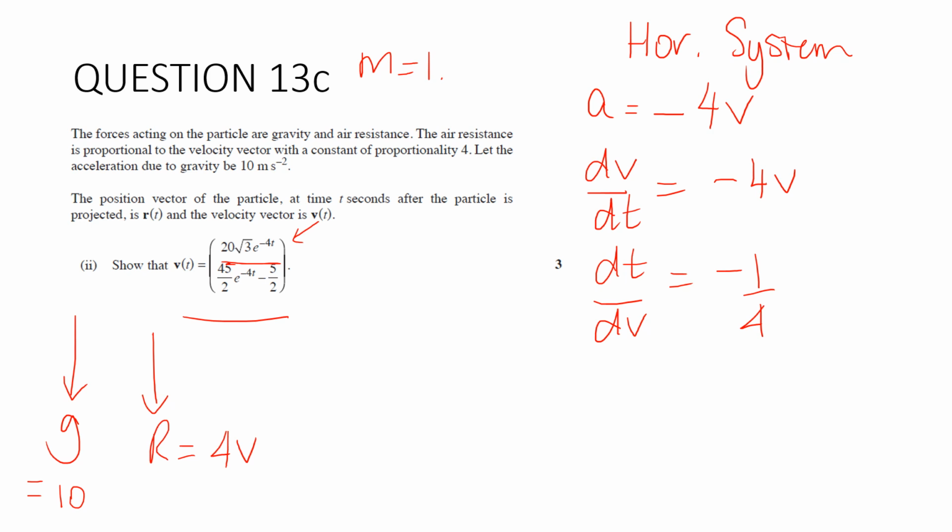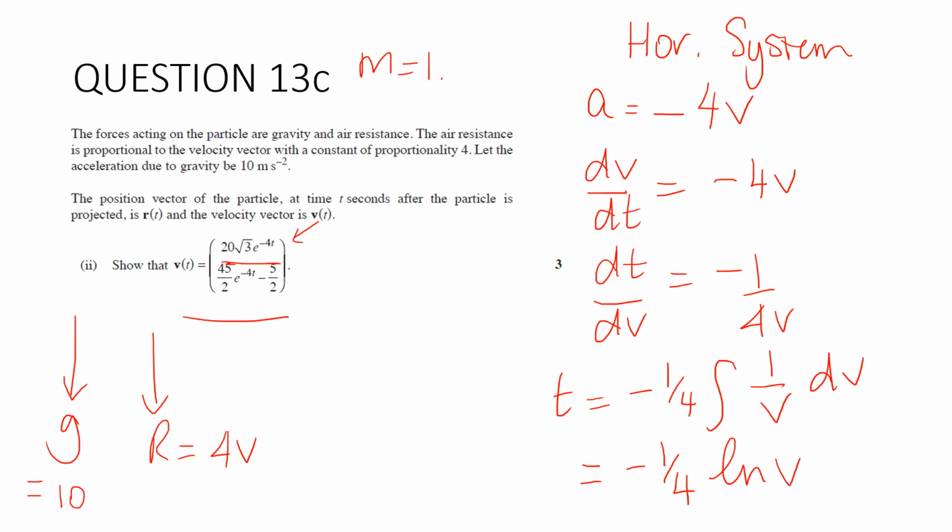So t is equal to negative 1/4 integral of 1 over v dv, which is equal to negative 1/4 ln v plus c.